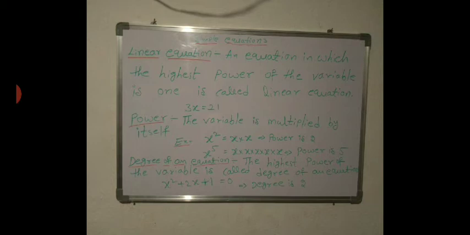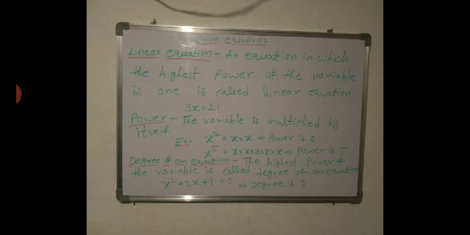Here we need to know one more thing, the degree of an equation. How do we calculate the degree of an equation? In the linear equation definition, we came across the highest power of the variable. Here also, the highest power of the variable is called the degree of an equation. The example equation is x square plus 2x plus 1 equal to 0.